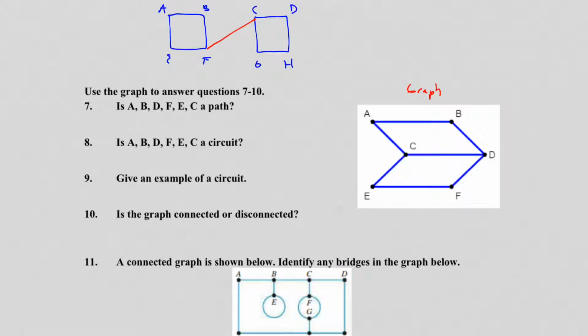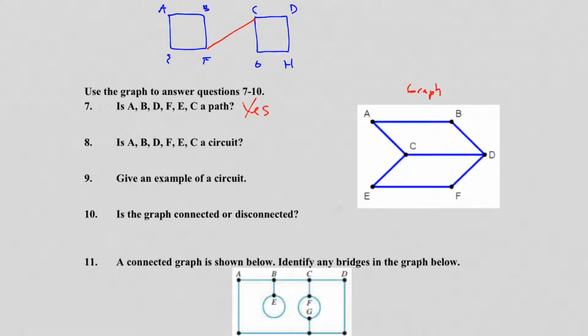Is A, B, D, F, E, C a path? Without even tracing it, is it a path? Even if you just went to A, B, it's a path. This is just a longer path, but a path is a path, all right? So this is definitely a yes.